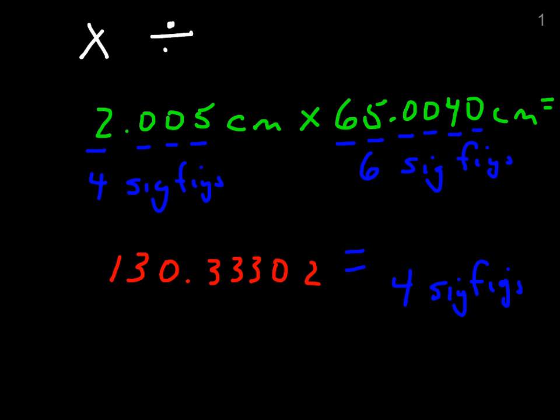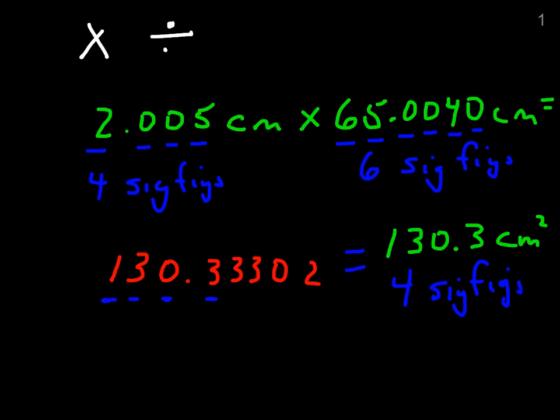Now the deal is, I got to round this back to 4 sig figs. So rounding it back to 4 sig figs tells me 1, 2, 3, 4 are the ones I'm going to use. The answer, therefore, is going to be 130.3. The units coming out of it are centimeters squared.